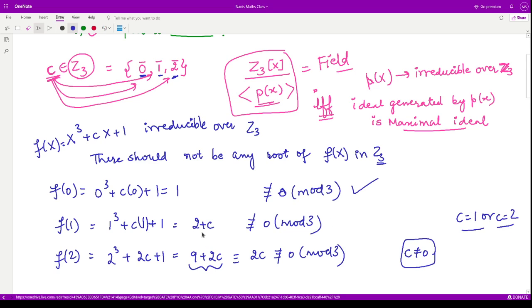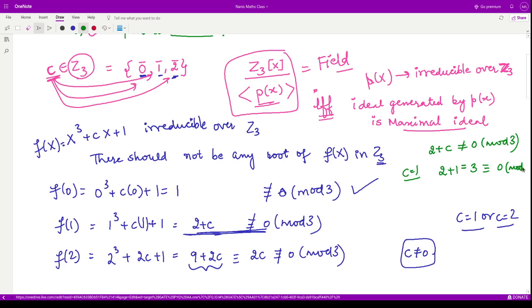So out of these two, we could use this expression: 2 plus c should not be equivalent to 0 mod 3. If I substitute c to be 1, this becomes 2 plus 1, which is 3, and this is equivalent to 0 mod 3.